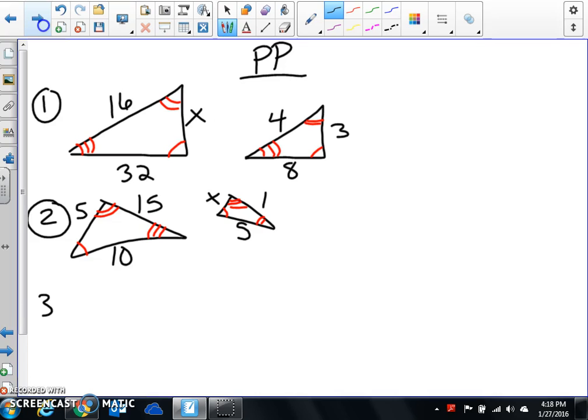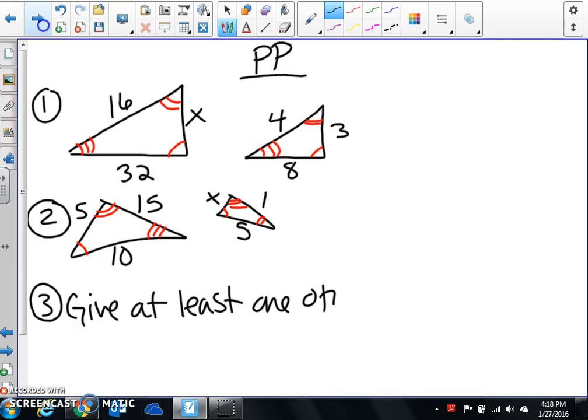And then give at least one other proportional.